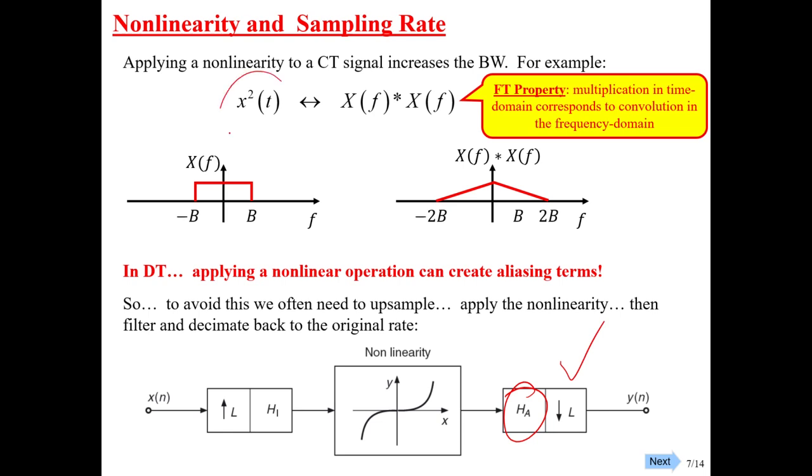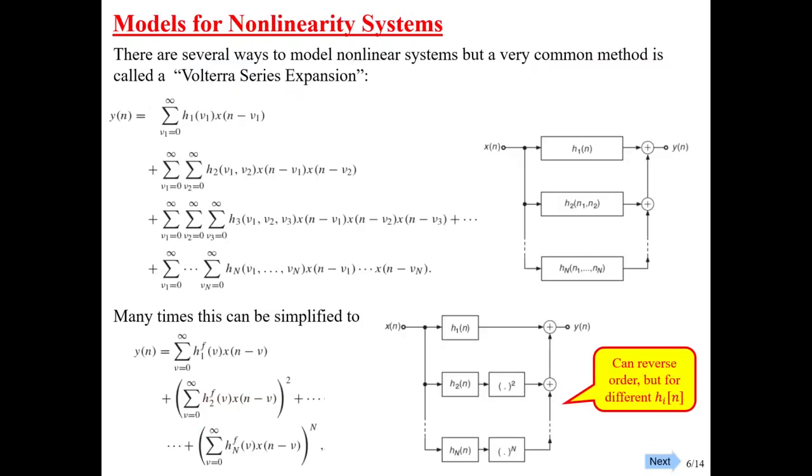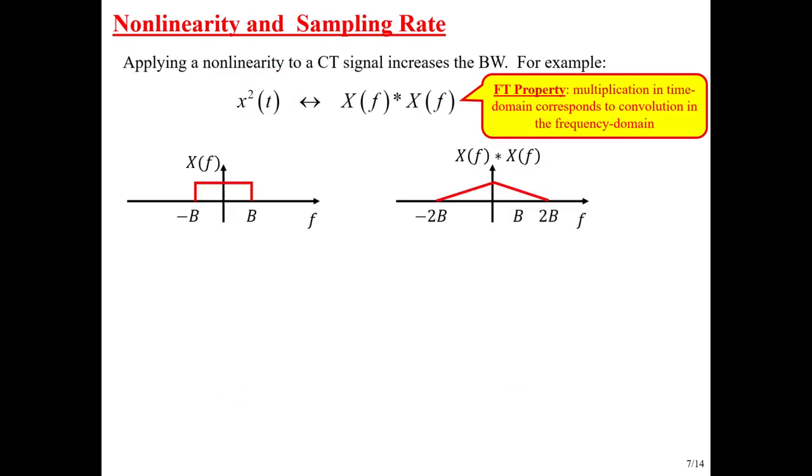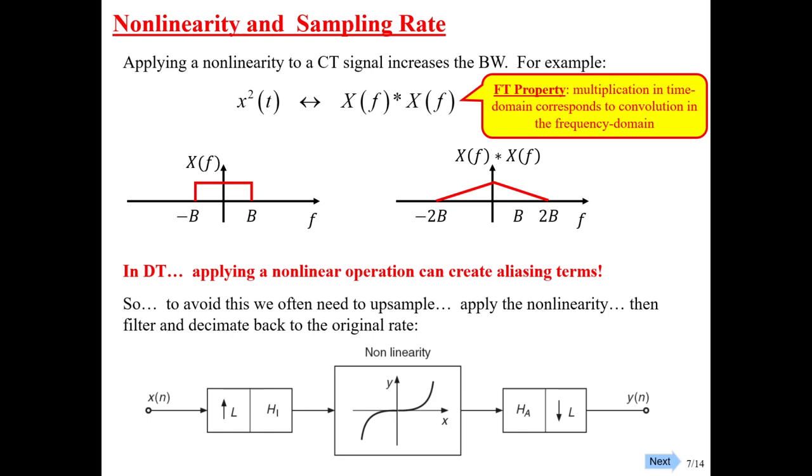So for a quadratic term, we'd only have to go up by 2. If we had a cubic term there, we'd have to go up by 3. And so, hey, back in our study of Volterra, suppose we determine that nth order is the highest non-negligible order that we have to include. Well, then that would mean that we would need to upsample by whatever that n is, and then we would downsample back by n.